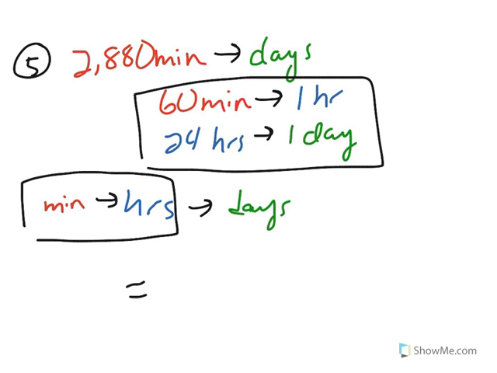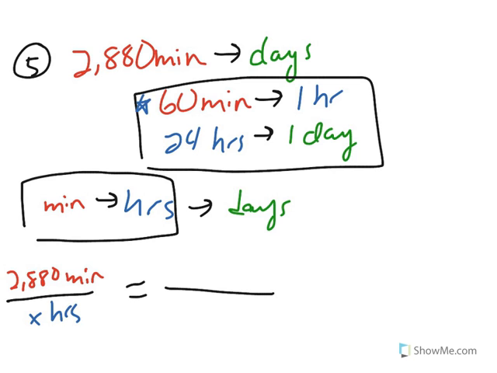Your proportion is going to be that 2,880 minutes is equivalent to x hours. And your conversion factor on the right, we're going to use this 60 minutes per hour factor, is that 60 minutes is equivalent to 1 hour. Cross multiply this to solve.